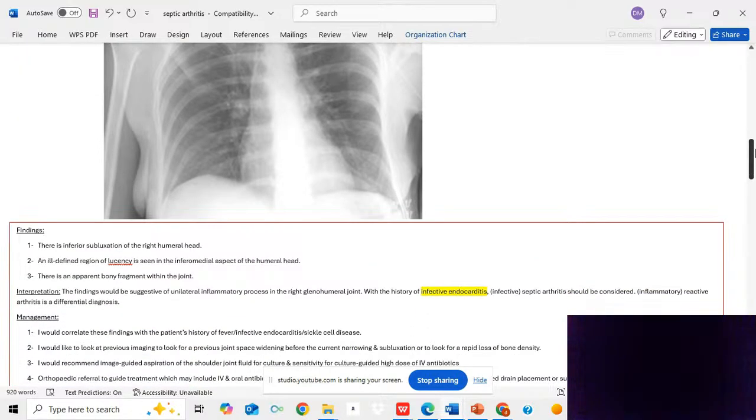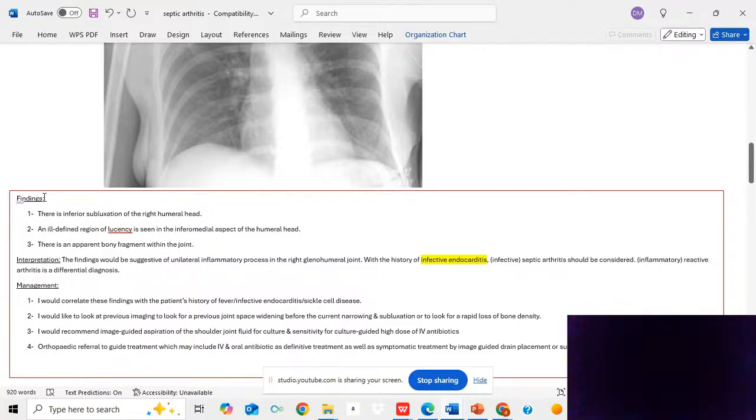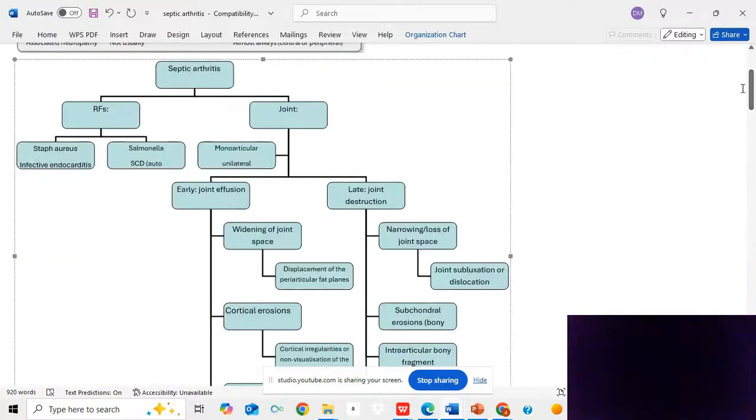So what are the findings? The first finding is inferior subluxation of the right humeral head.